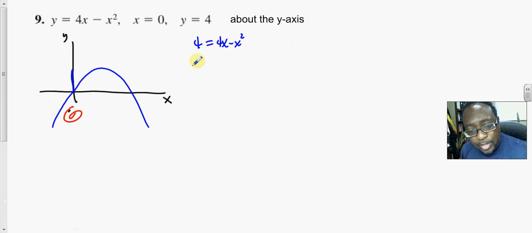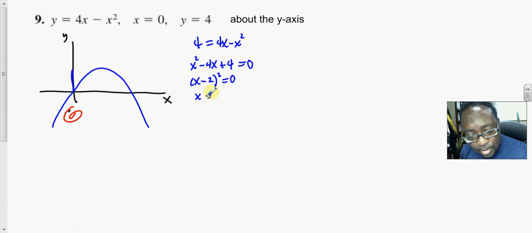And so that gives us x squared minus 4x plus 4 equal to 0, so (x minus 2) squared is equal to 0.